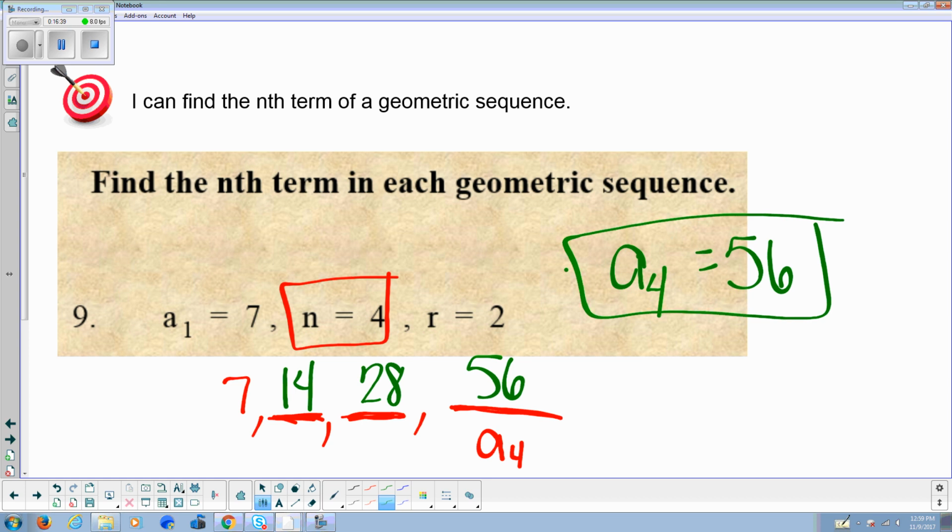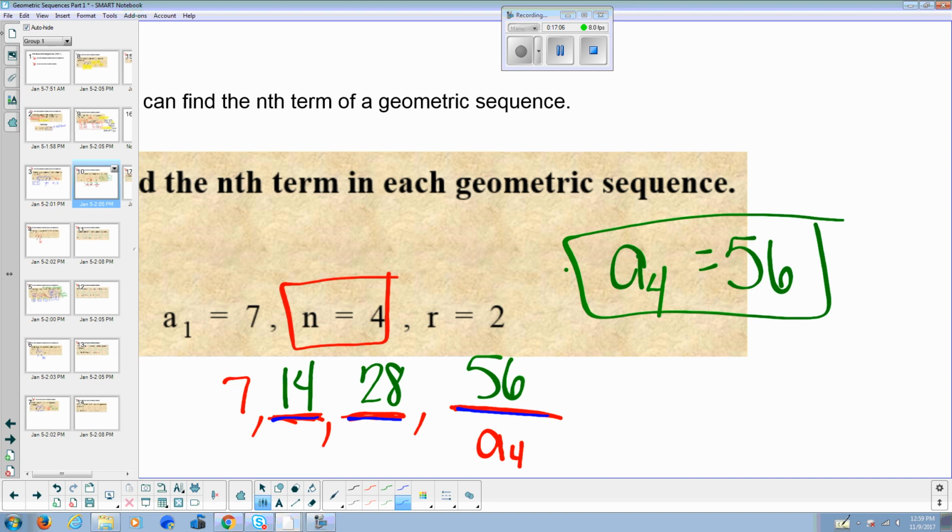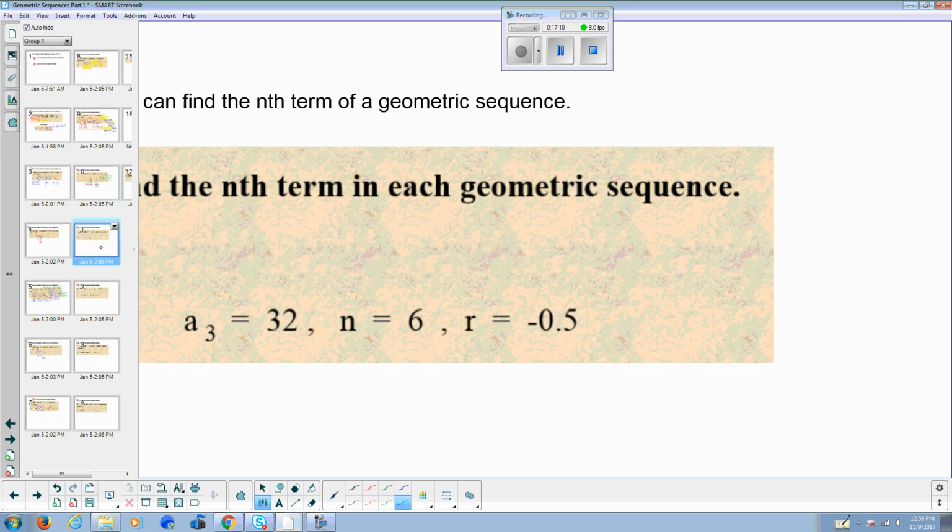I do want to mention that that was easy to find the fourth term, but if I had been asked to find the 40th term, I probably would not have wanted to create these blanks all the way out to the 40th term. So that is the reason that we prefer to have a formula. When the sequence goes really far out, then we prefer to use a formula to get our answer. So we're going to be looking at that as we move forward.